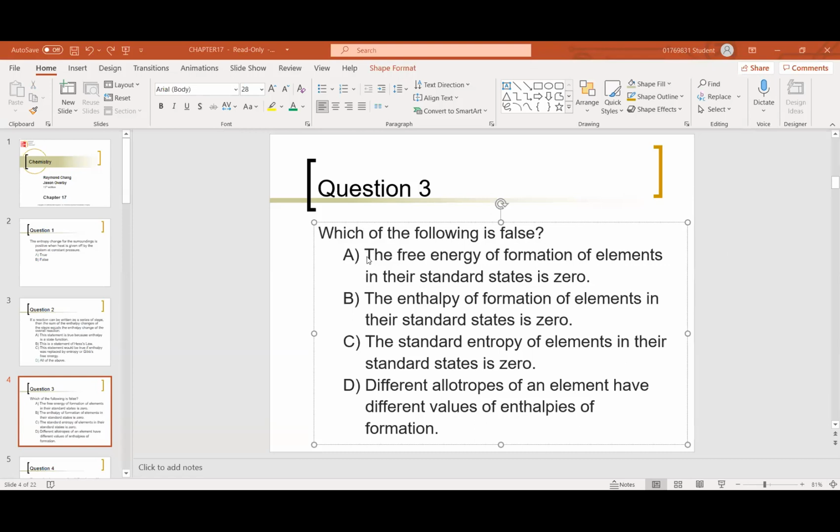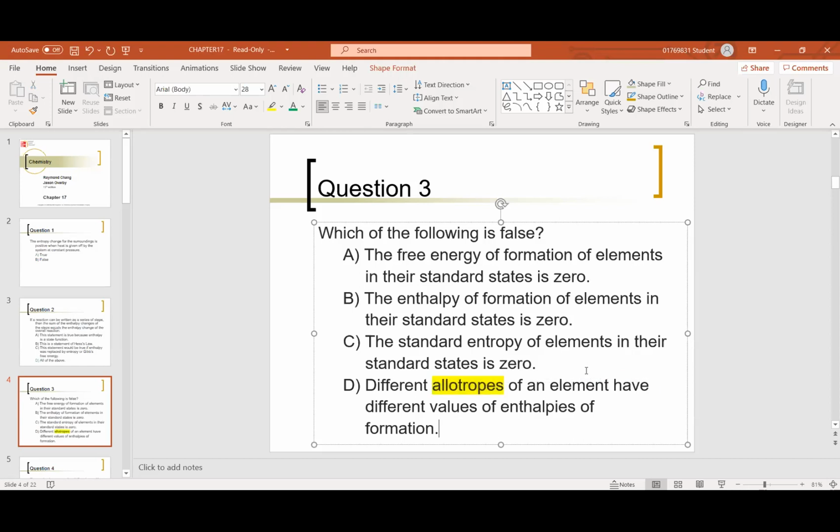Yeah, I'm just trying to quietly read to myself because I'm still trying to understand this first one. Formation of... Does anyone remember what allotropes are?